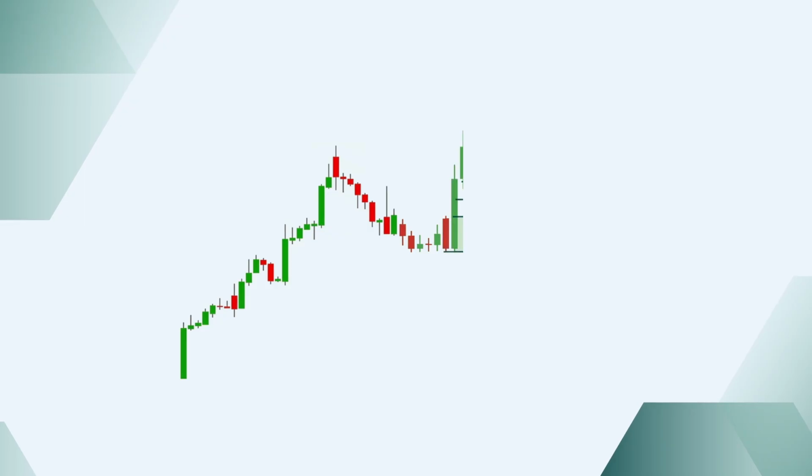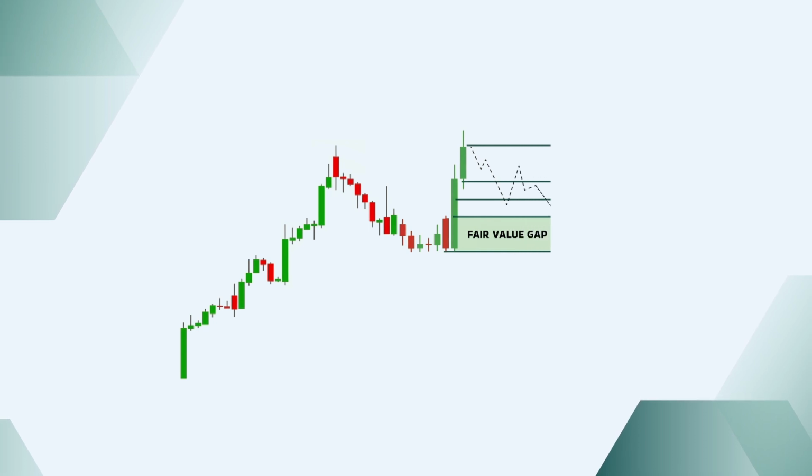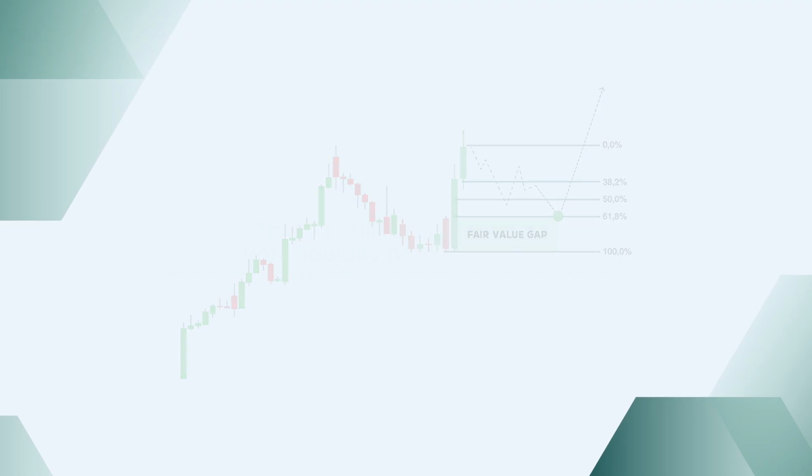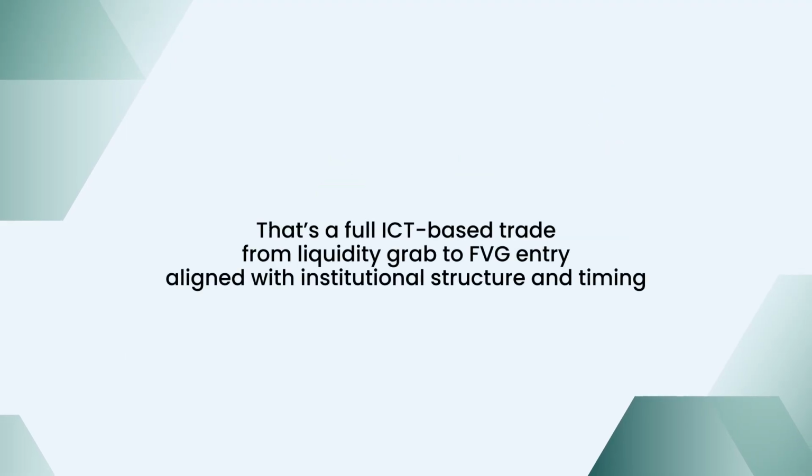Price retraces into the fair value gap around the 61.8% retracement level, your OTE entry zone. You enter long there, place your stop just below the liquidity sweep, and target the previous high. That's a full ICT-based trade, from liquidity grab to fair value gap entry, aligned with institutional structure and timing.